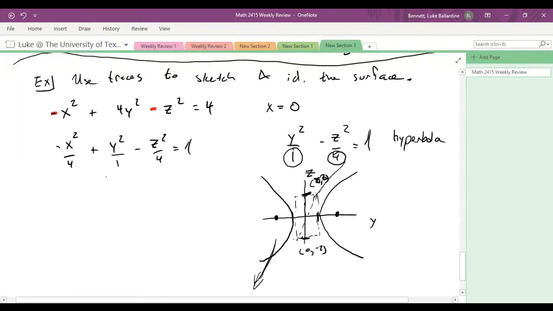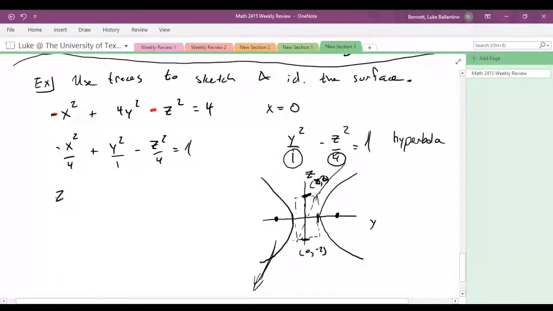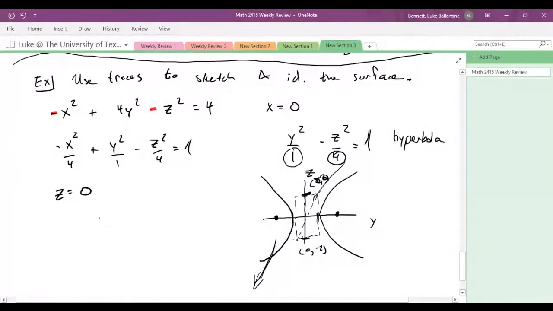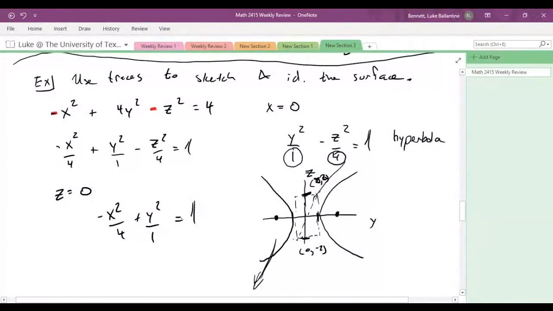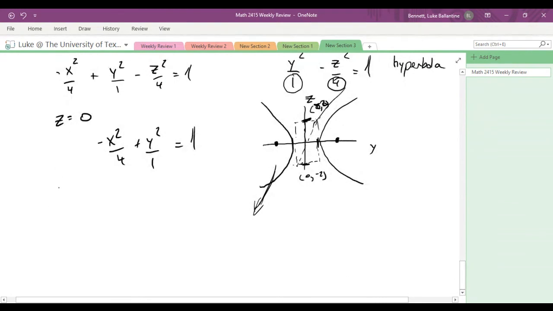Now let's do the other. Let's do z equals 0. So we got negative x squared over 4 plus y squared over 1 equals 1. Okay, so this also engulfs the y.